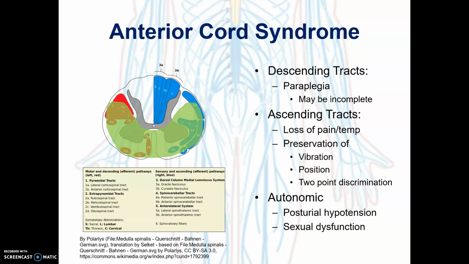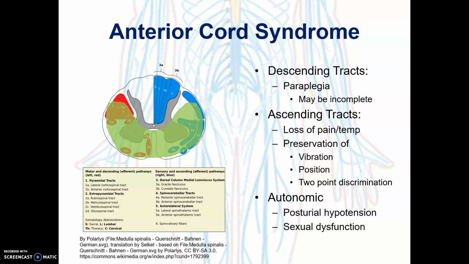The ascending tracts that are mostly affected are the spinothalamic tracts, which leads to a loss of pain and temperature sensation. But as we said before, the dorsal columns are preserved, so the patients have normal vibration, position, and 2-point discrimination. There is autonomic effect, and this tends to cause postural hypotension and may cause sexual and urinary dysfunction as well.